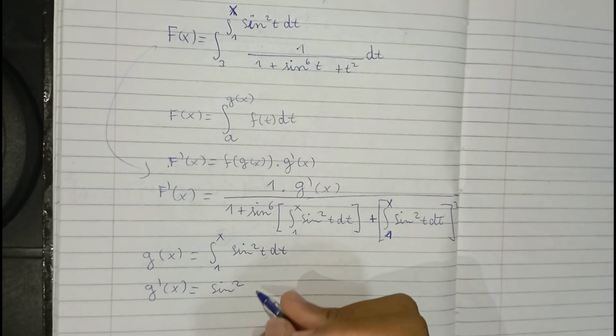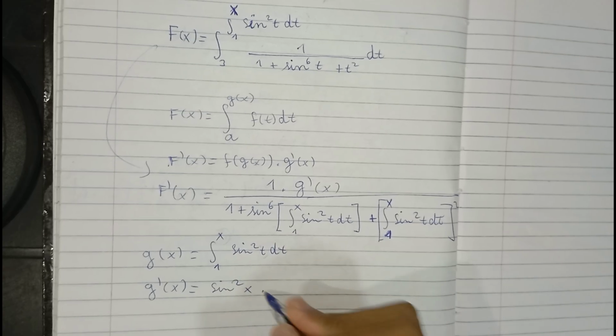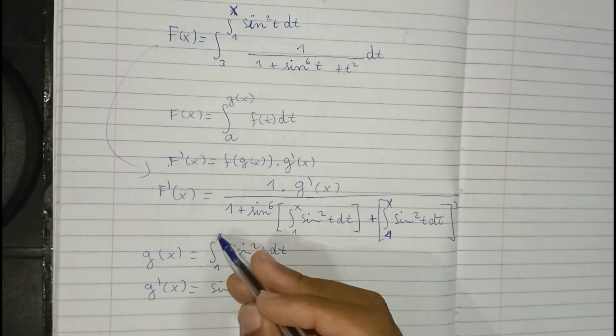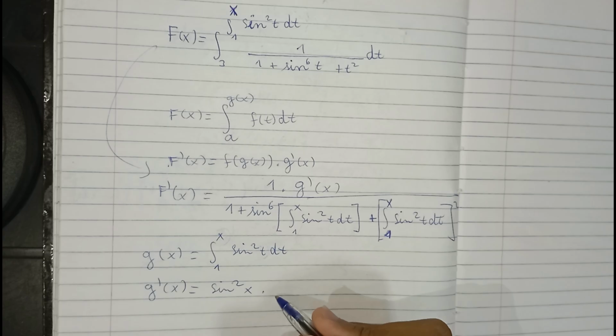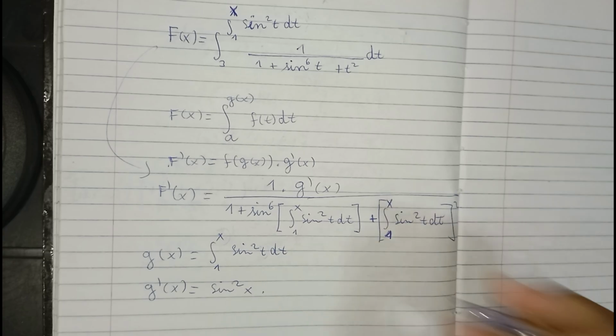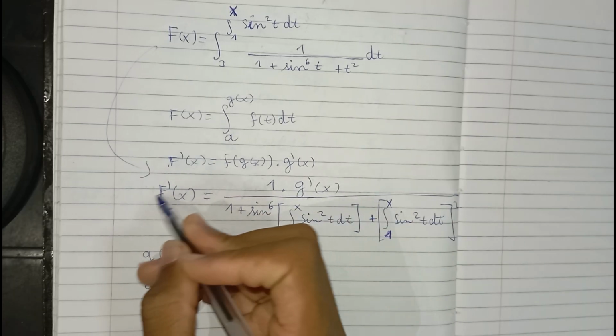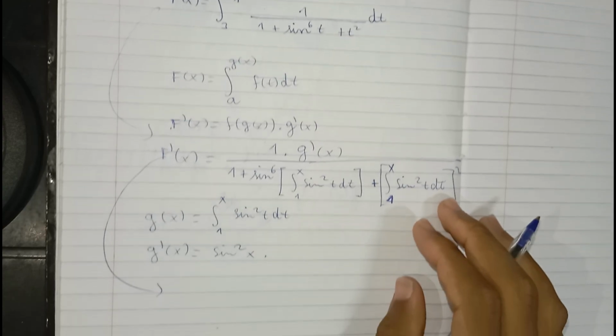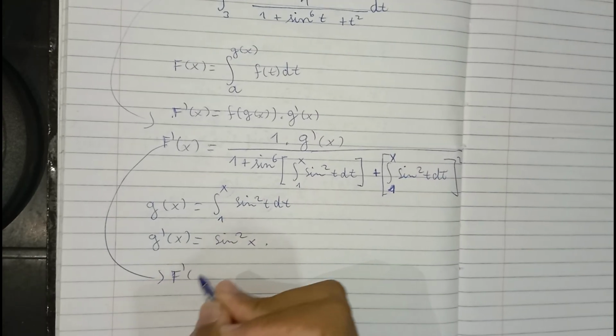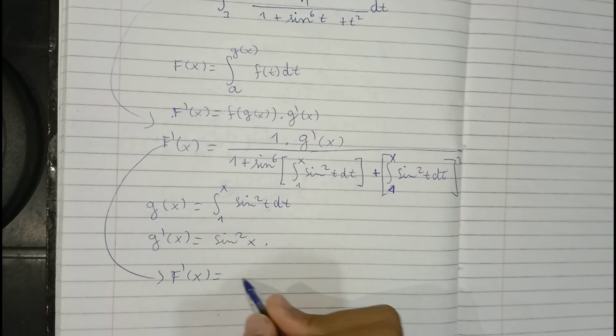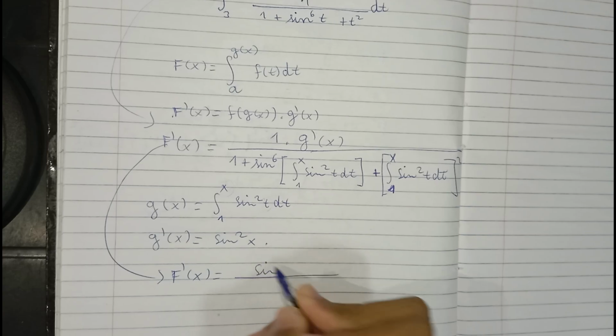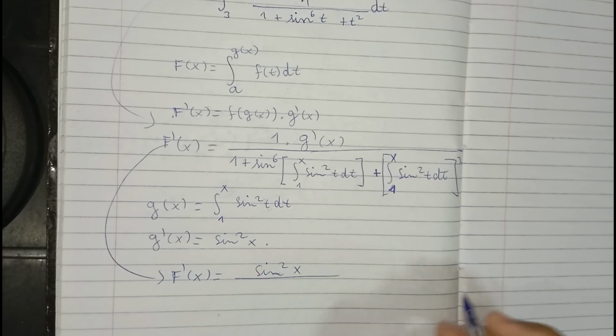So we get this times the derivative of x, which is 1, so I won't put that. So the derivative of this is equal to sine square of x over this.